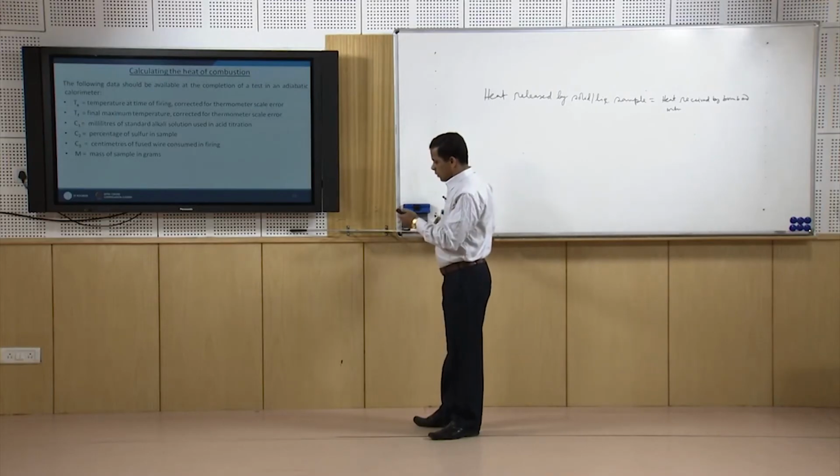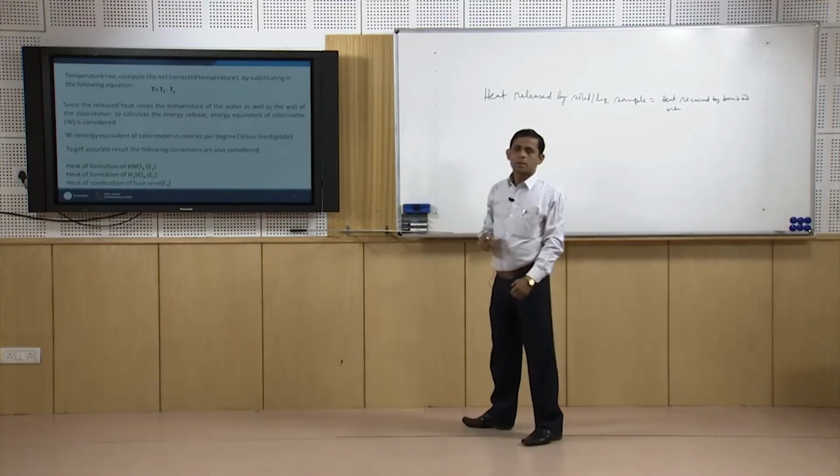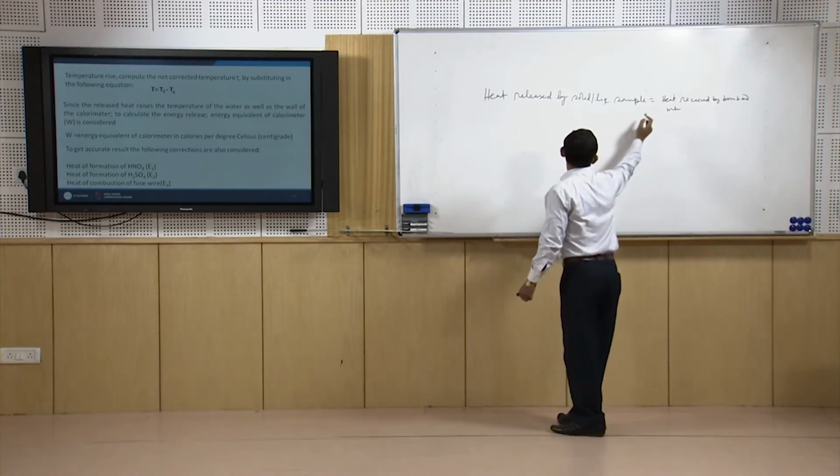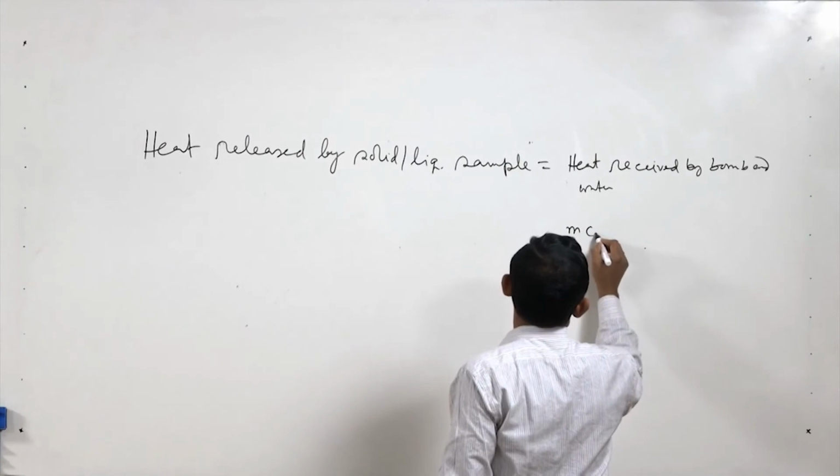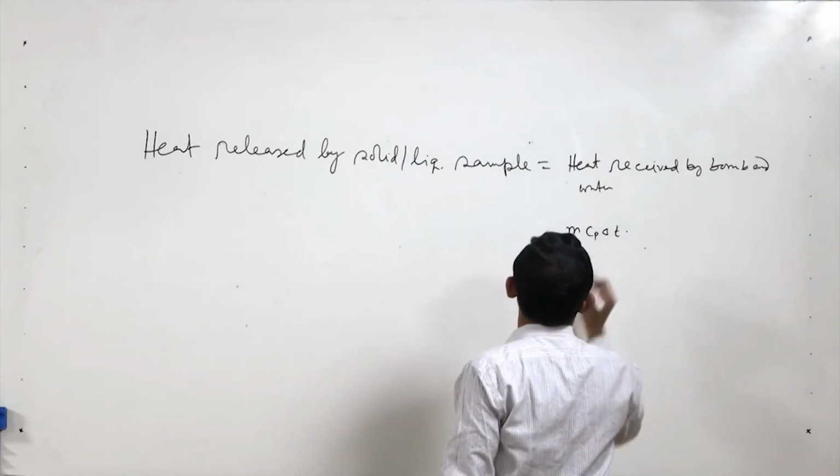So, how can we measure? This is equal to mCp dT, mass times Cp into del T.